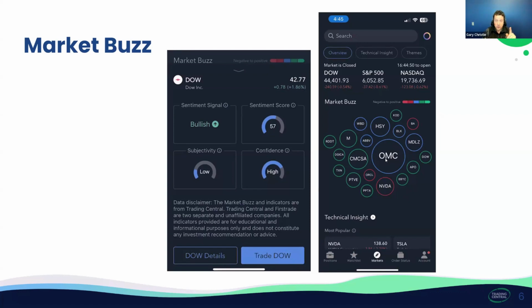So this is where Trading Central Market Buzz comes in. It keeps a close eye on a variety of sources, including news articles, social media, and market data. And from this data, we can pinpoint trending topics. We can also look at shifts in sentiment based on the news articles. And these are important because they really help influence financial markets, right? So what we're seeing on the screen here is that nice bubble map, we call it.